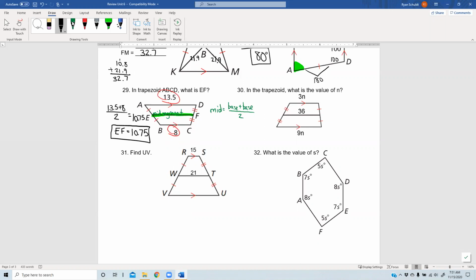Okay. Next one. In the trapezoid, what's the value of n? Well, what's this 36 thing that's just kind of hanging out in the middle? It's a mid-segment. 3n and 9n are my bases. So if I set up my formula, I'll have the mid, so 36 equals 3n plus 9n over 2.